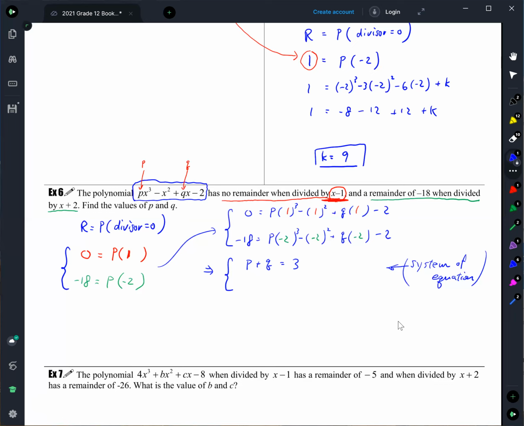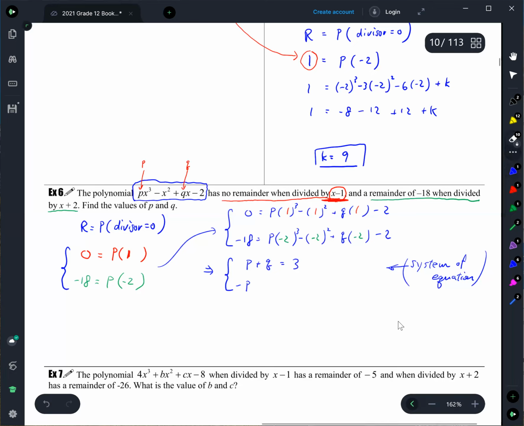Okay, Caleb, do you have the second equation? Give me a second, let me just reread. For the second one, I got negative 6... I got p minus 2 minus q.